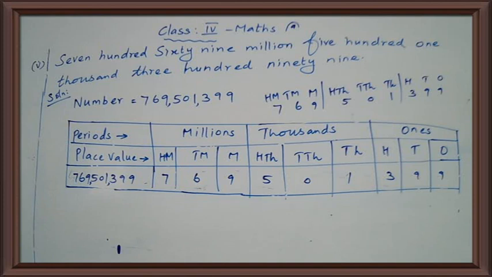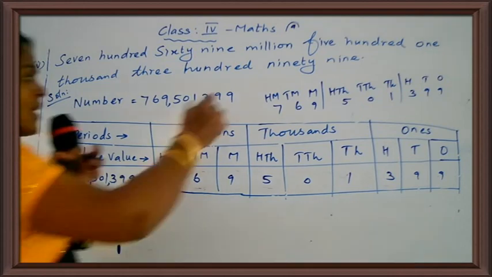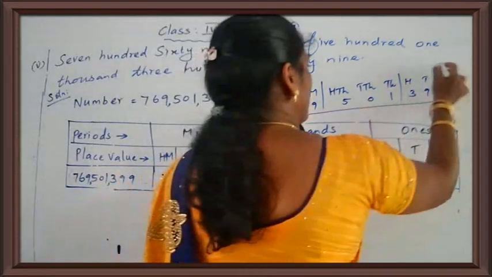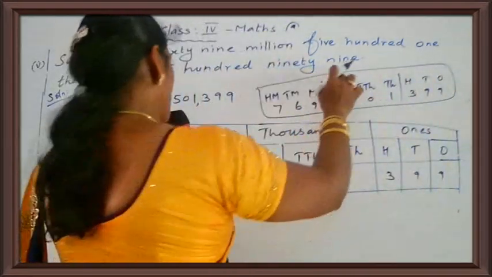Fifth one. Okay, already 4 sums are done. Now the fifth one: 769 million 501,399. Okay, children, write it. Okay, this is the rough work area, children. So write it in your rough work area.